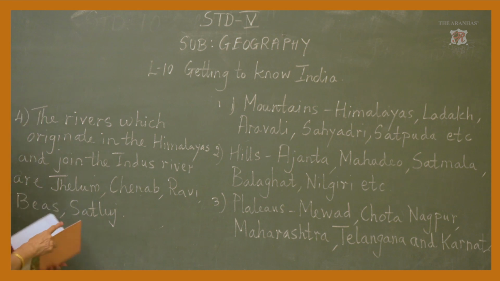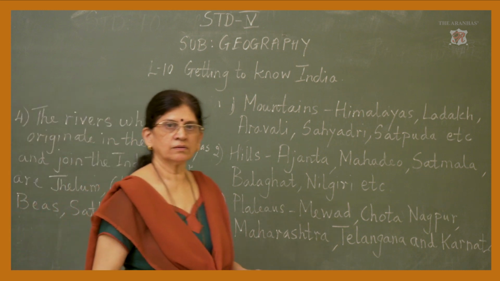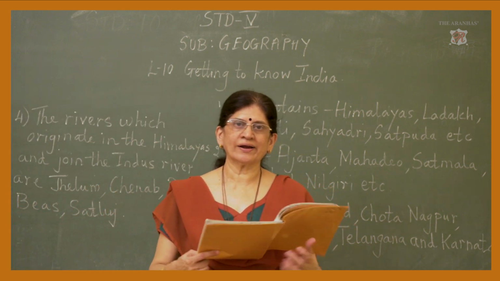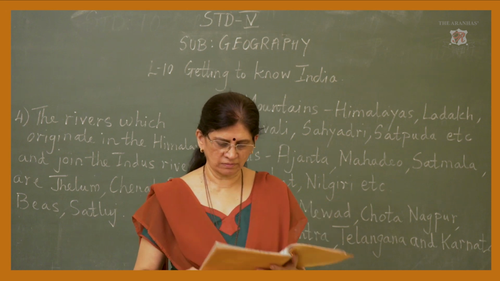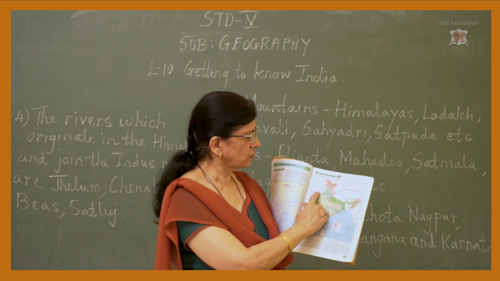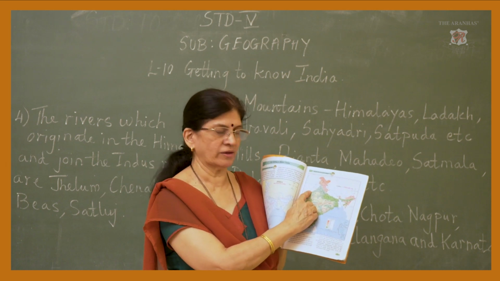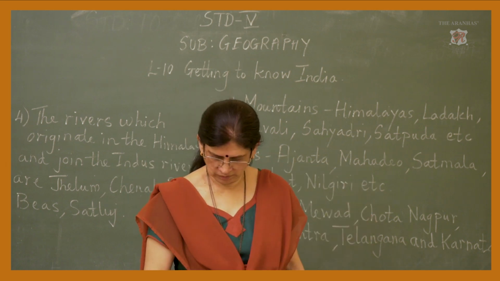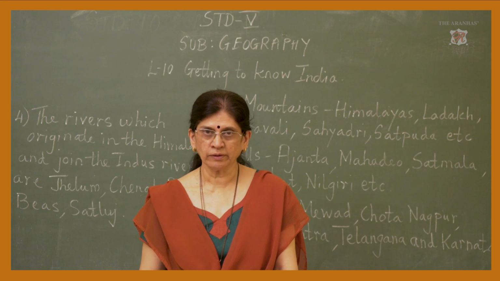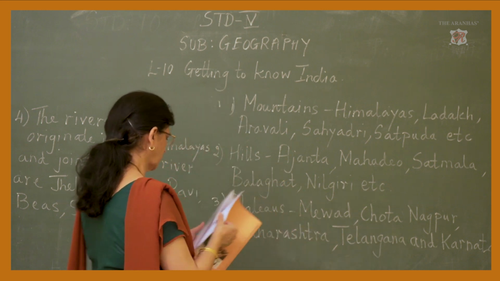So these are the 5 rivers which originate in the Himalayas and join the Indus River. That's why Punjab is called the land of 5 rivers. Again, you can see the 5 rivers over here. Is it clear now?